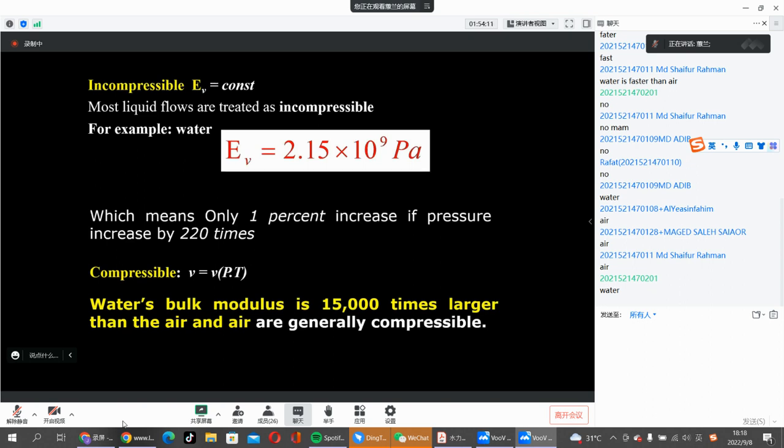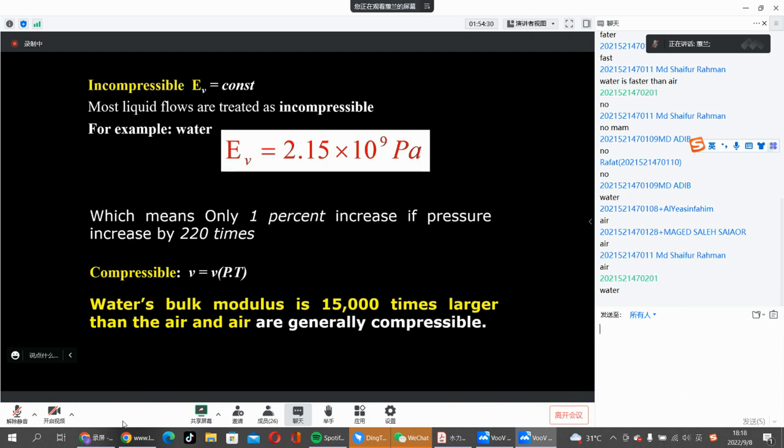But for compressible flow, because it can resist the compression to some extent, the propagation of the pressure pulse is much slower. Okay, that's the difference.